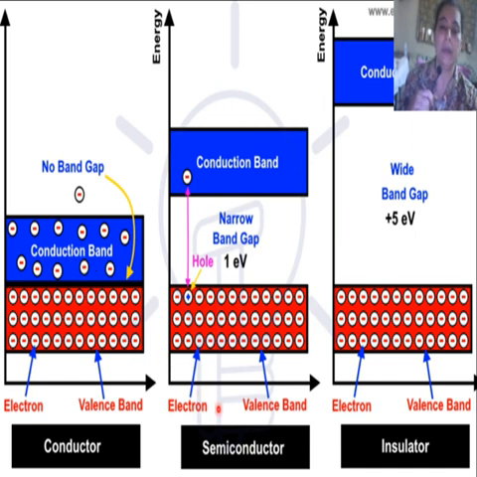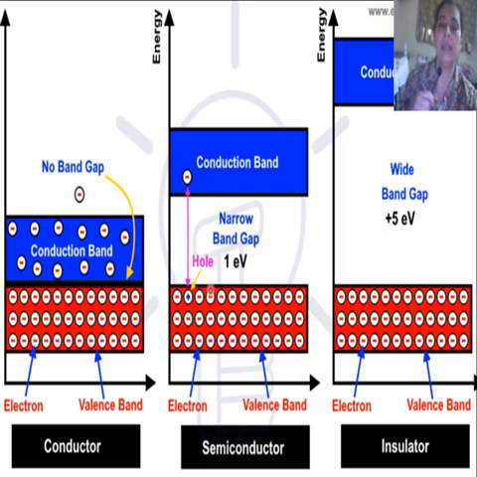But when we move to the semiconductor, you can see the lower occupied band, that is the valence band, and the conduction band, that is the higher energy level unoccupied band. The gap between the valence band and conduction band is more than that of a conductor, but less than that of an insulator.